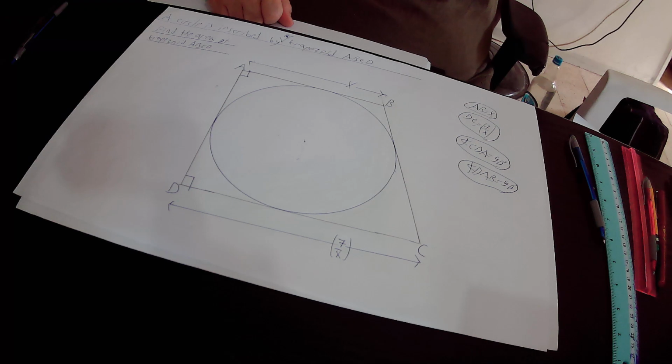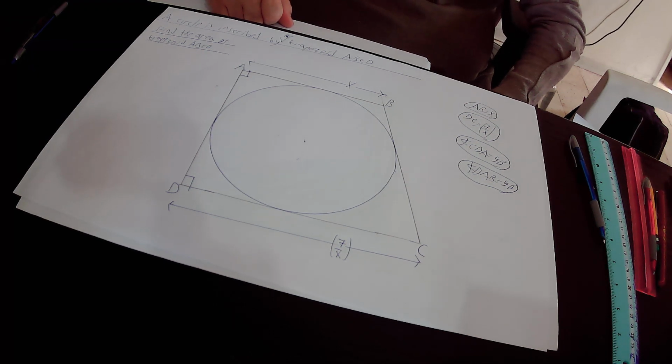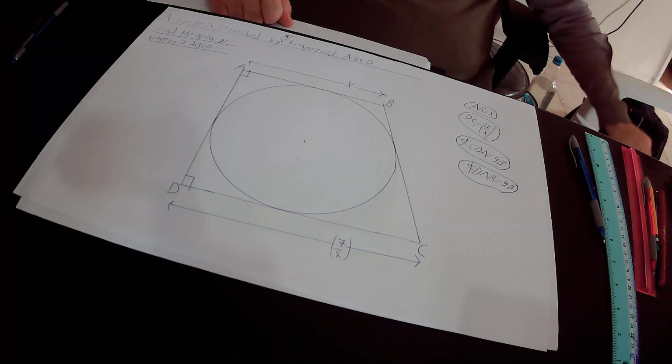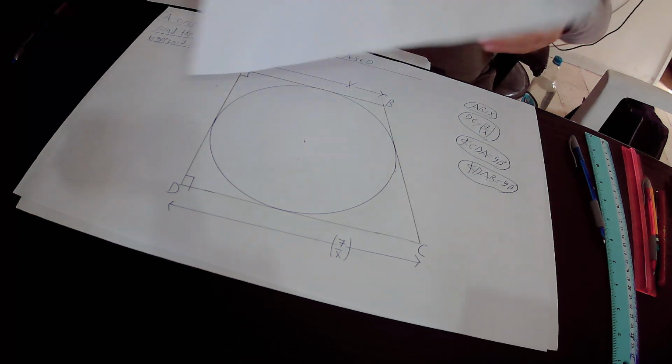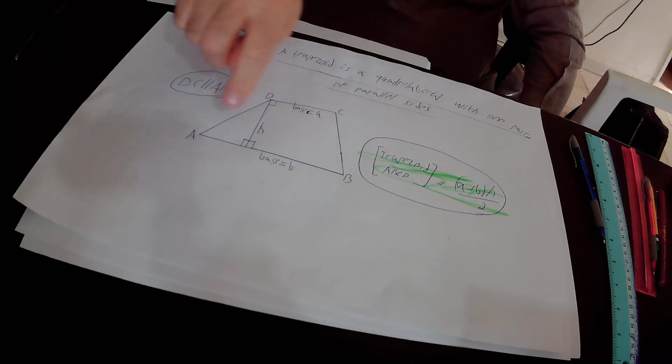So, first of all, what is a trapezoid? A trapezoid is a quadrilateral with one pair of parallel sides. Here we have trapezoid ABCD.